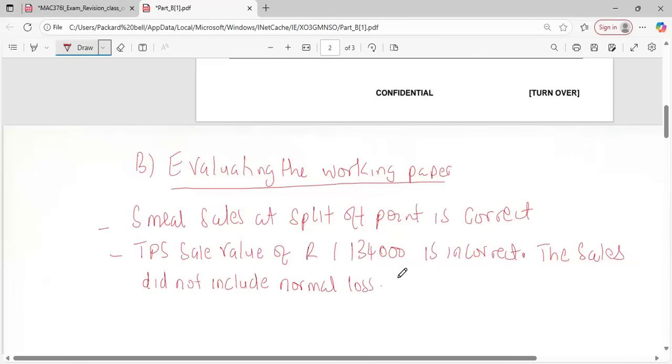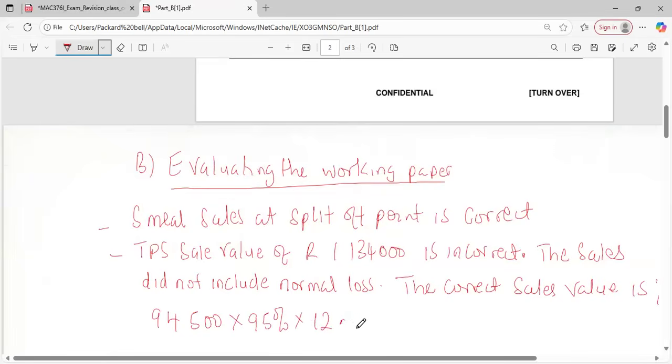So you now come and give us the correct sales value, then you give us a calculation. It's going to be 94,500 times, you reduce the normal loss, times 12,000.